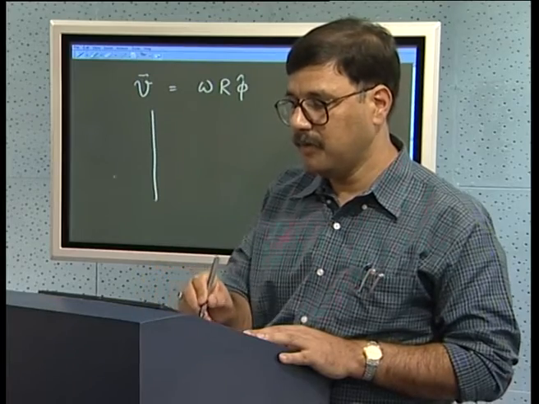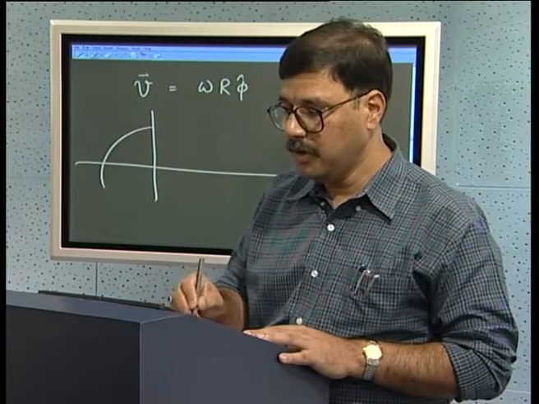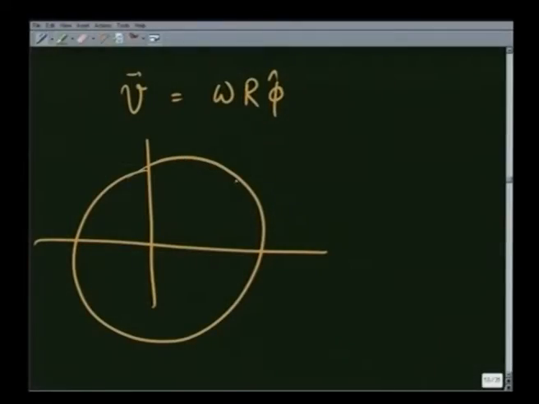That is, if a particle is moving around in a circle, it is moving in direction phi with the speed omega r, where r is the radius of the circle, omega is the angular speed of the particle.